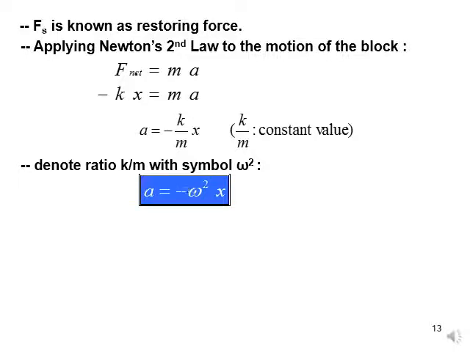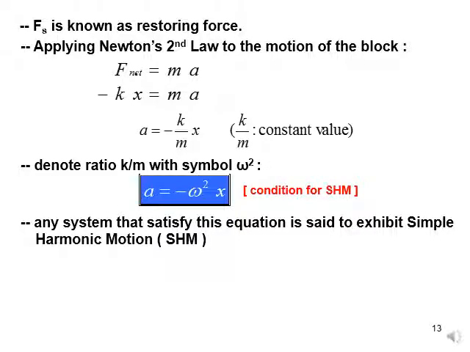Hence, this equation becomes a equal to negative omega squared x. Any system that satisfies this equation is said to exhibit simple harmonic motion.